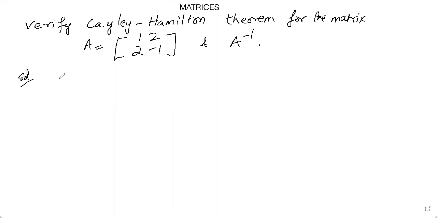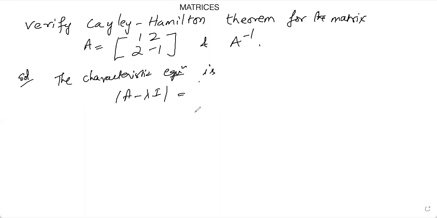The characteristic equation is |A minus lambda I| equal to, with rows 1 minus lambda, 2 and 2, 1 minus lambda, which is equal to 0.